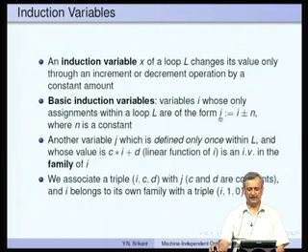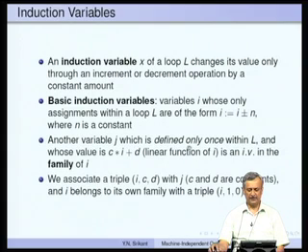So, indirectly i also gets incremented or decremented by a constant amount. We did not say it is plus or minus, it could have been star also. So, a change by a constant amount, that is all. Whereas, for the basic induction variable, the specific form is given: i equal to i plus or minus n.